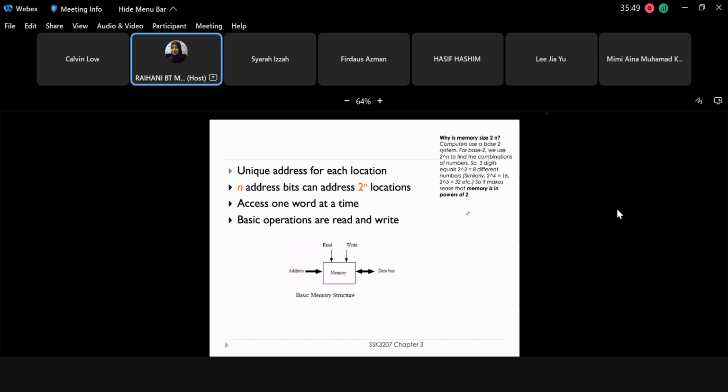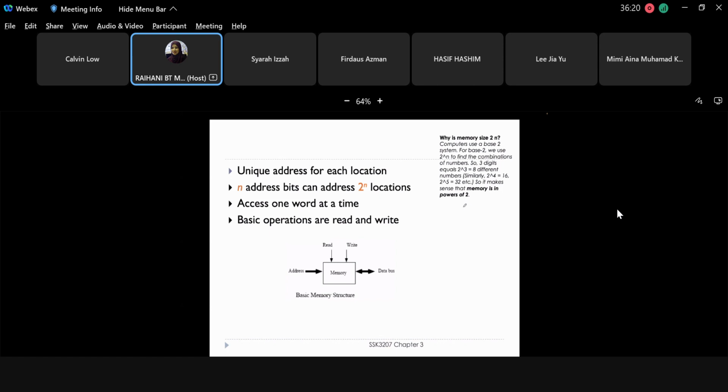This is for you to understand how memory actually works for us: how it stores the data, how it stores the instructions, the address of the data and so on. In the main memory, there is a unique address for each location. Remember I told you about the houses in your neighborhood?